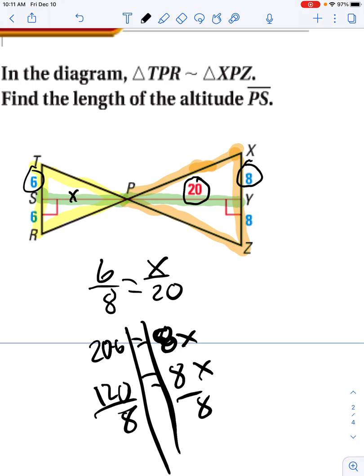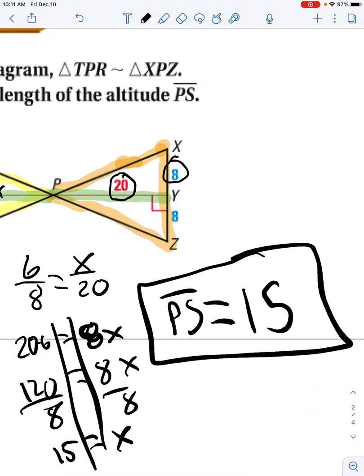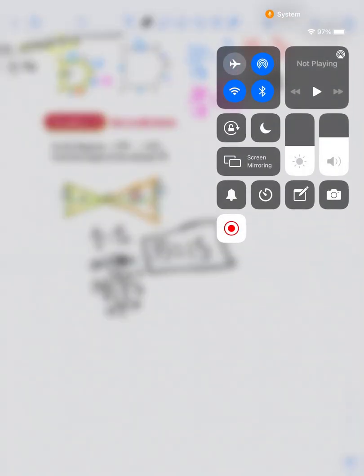So 120 equals 8X. Divide by 8. And you get X equals 15. So the length of PS equals 15. Using similar figures, similar shapes.